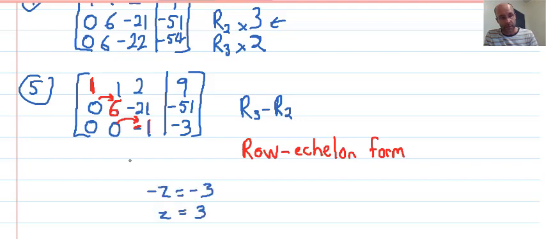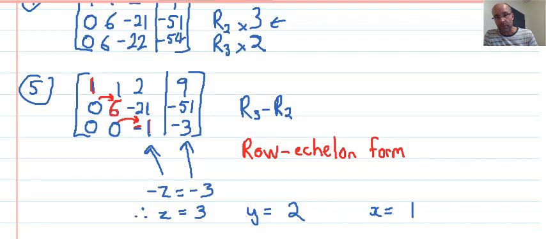So that means that -z equals -3. So therefore z is 3. And then we can sub that in to the other rows to get y and also x. So y equals 2 and x equals 1 by substitution, done successively.